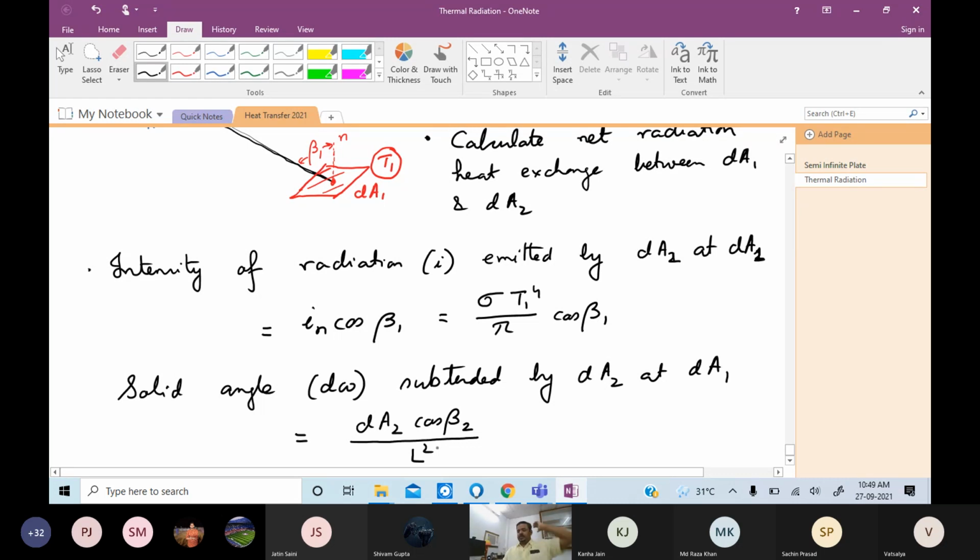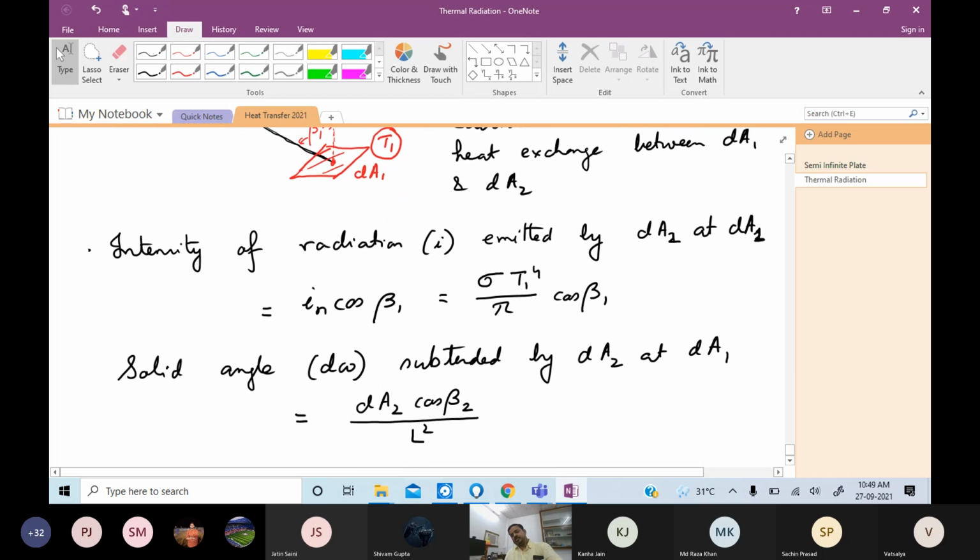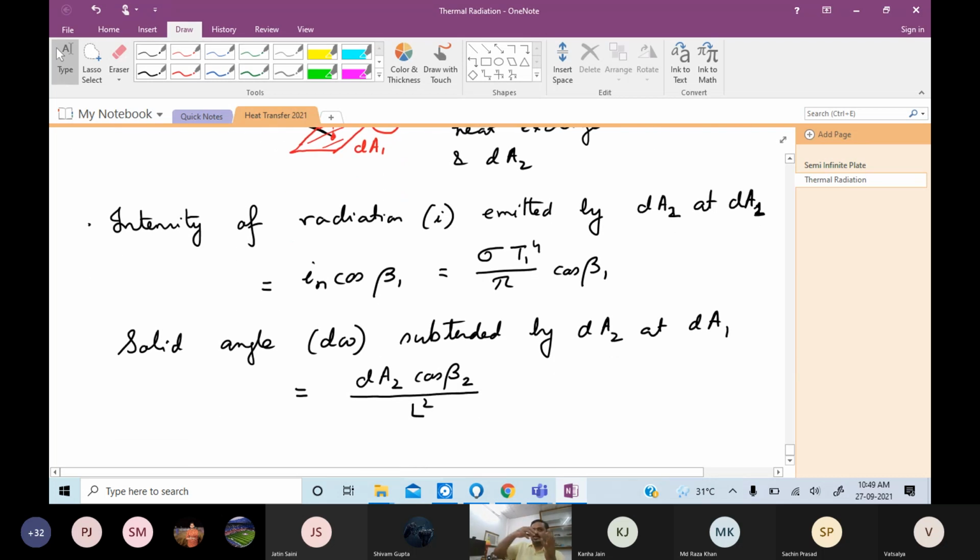Because at an angle, if you want to take the projection of dA2 normal to the line L, that is dA2 cos beta 2. Solid angle is numerically equal to the area covered on a unit sphere drawn around that point, so divided by L square.